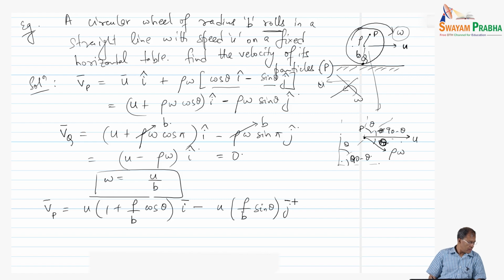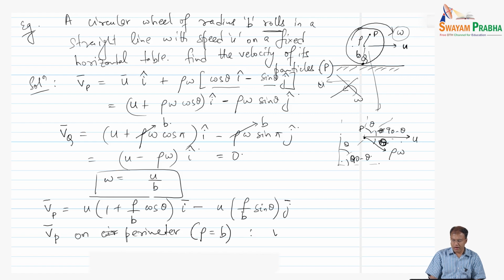Okay, so then we see that on the circumference, what have we got? So the speed of the particle P on the circumference, on the perimeter, is going to be when rho, the distance from the center, is b, right?